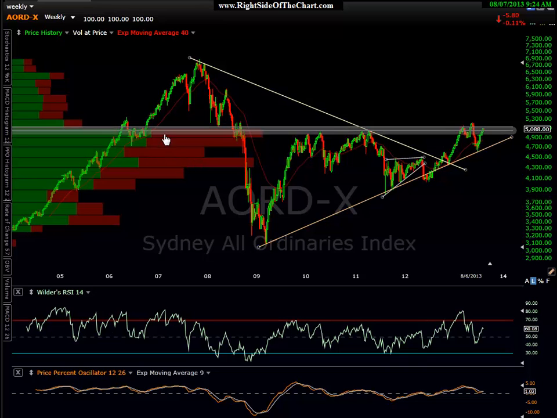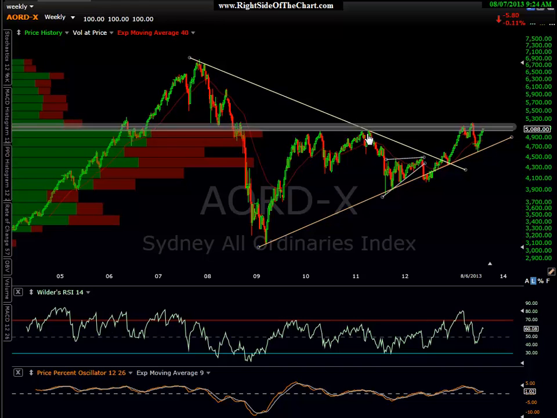You can see these histogram bars. So we had just a relatively brief breakout back in 2007 when we hit the new highs and then fell back below.